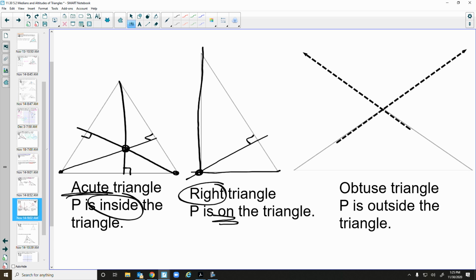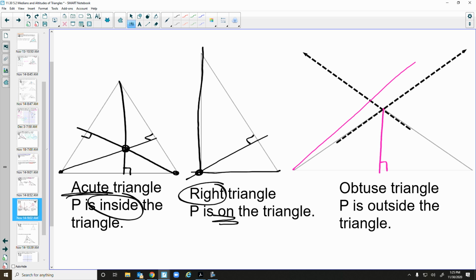And then for the obtuse triangle, I added in those dotted lines because those are extensions, some auxiliary lines. Here's one altitude. The next altitude, you can't just go straight down.